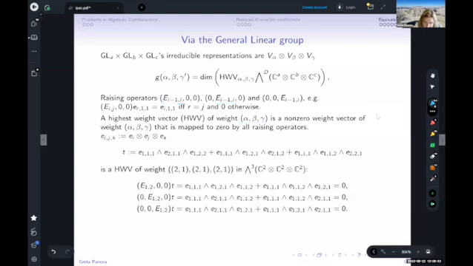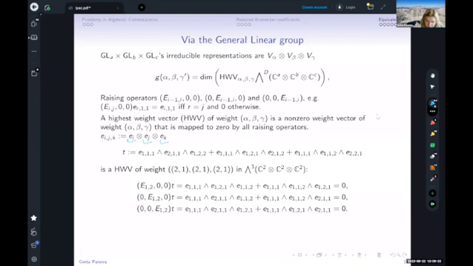And so here is an example. We live in this tensor space. So the basis is given by these three unit vectors e_i, e_j, and e_k, which we can abbreviate in this way. And so here, for example, is actually a highest weight vector, which is some linear combination of these wedge products.